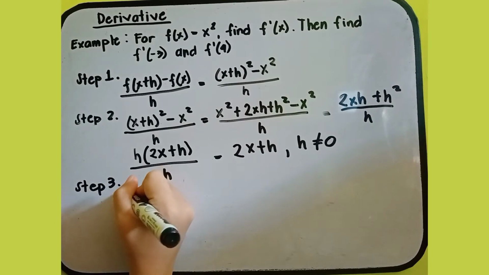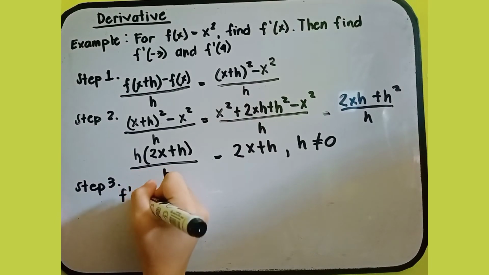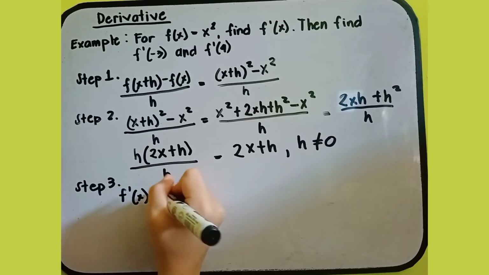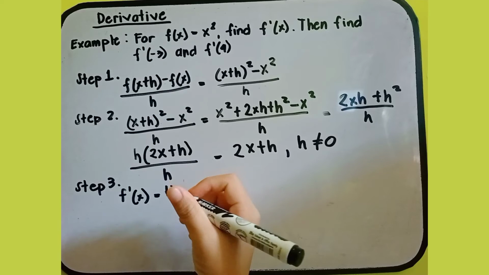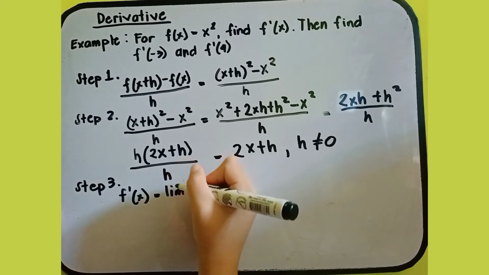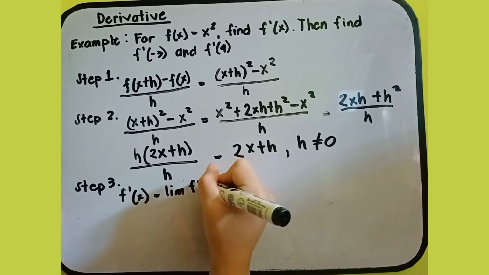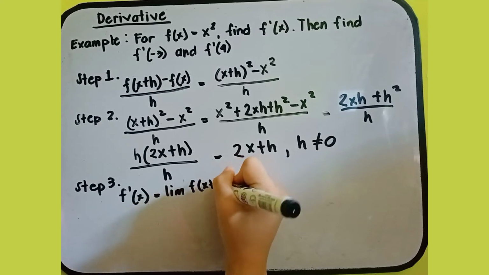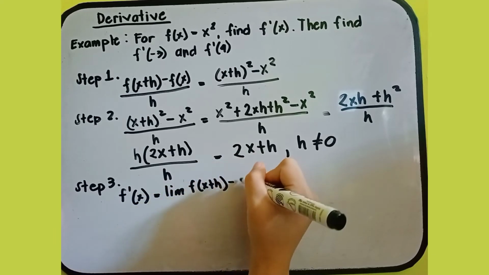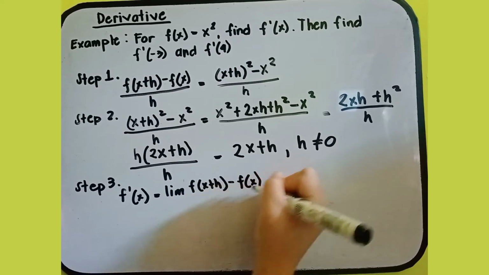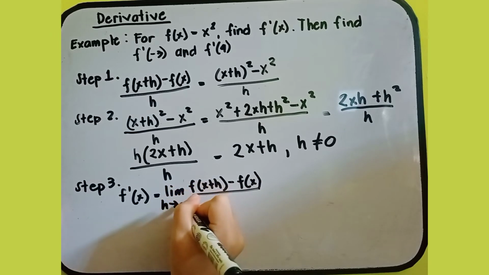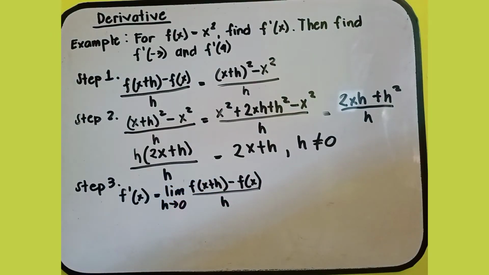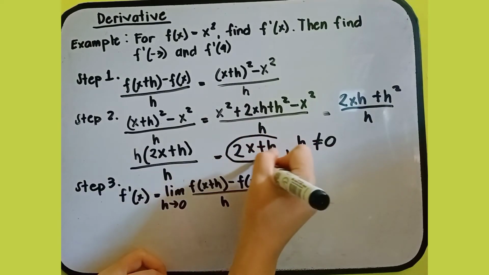So f prime of x is equal to the limit of f of x plus h minus f of x over h as h approaches 0, where the value of our difference quotient is 2x plus h.